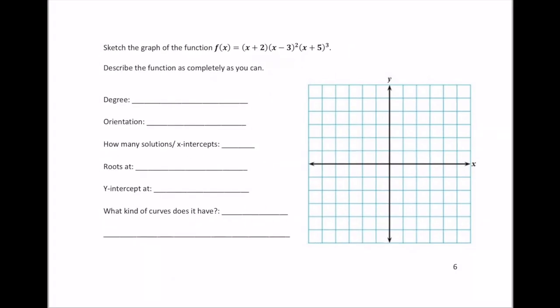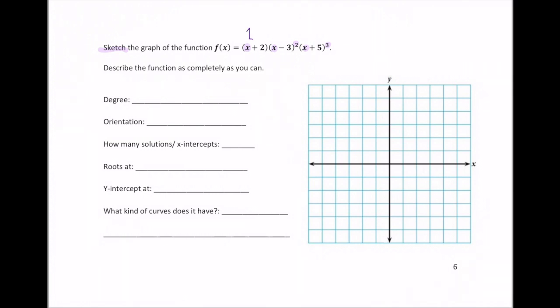Alright, we're going to use all of the information that we learned to start sketching the graph of these functions. The key word here is sketch. That means it doesn't have to be perfect, but it does have to be based on everything that we learned. What will help us out here is listing everything that we can about the function. Let's look at the degree first. We have 1x here, then an x squared, then an x to the 3rd.